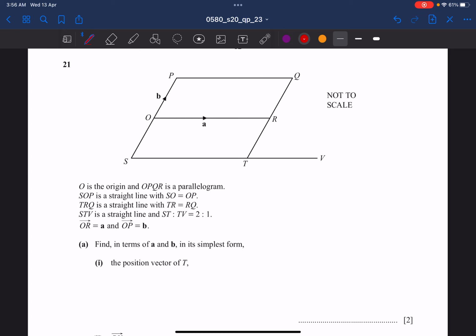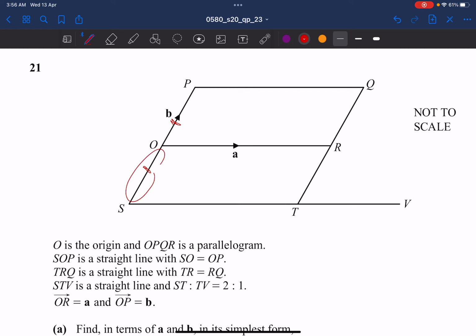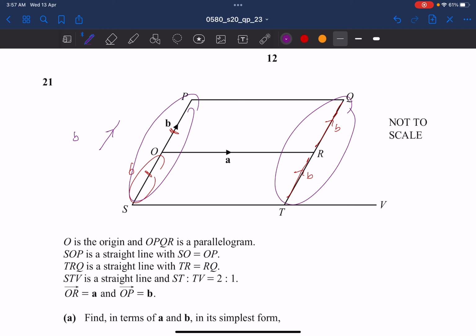SOP is a straight line with SO equal to OP, which means that if this is B, then this is B. TRO is a straight line with TR, so this is also B. For vectors, they do not have positions, which means that if this direction is called B, no matter how I move this vector, it is still B. Since it is a parallelogram, these two are parallel, so if this is B, this is also B.